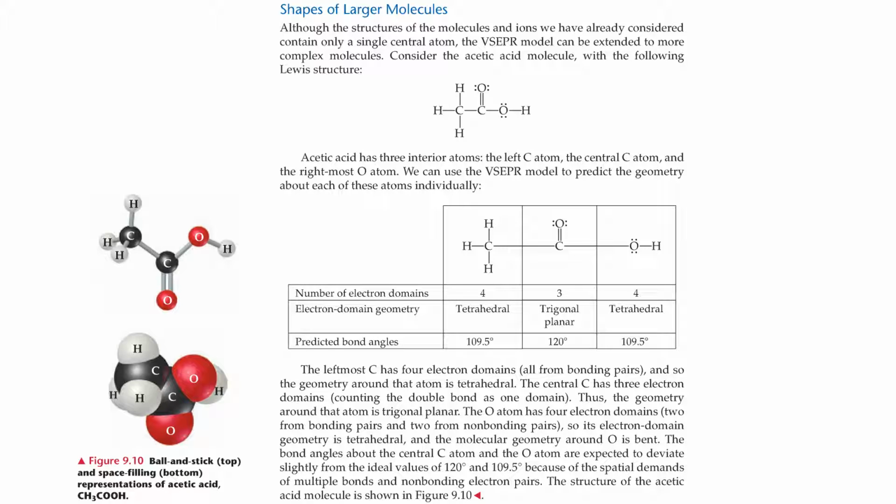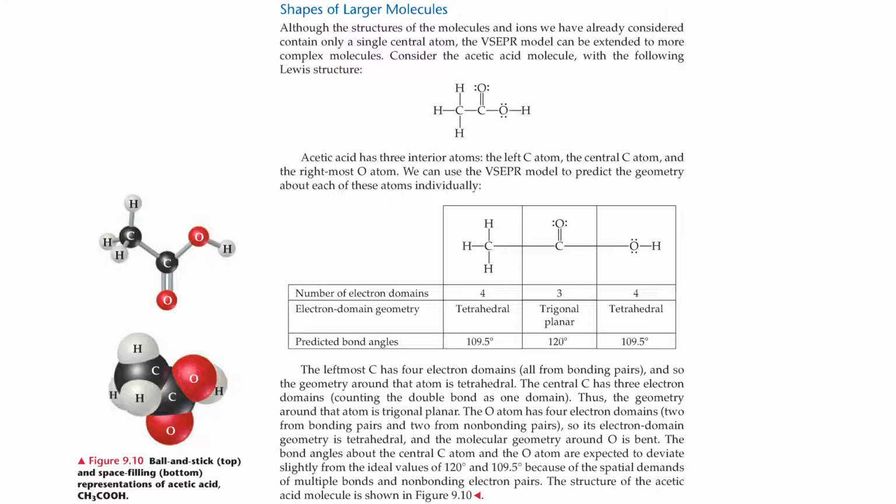The leftmost carbon has 4 electron domains, all from bonding pairs, and so the geometry around that atom is tetrahedral. The central carbon has 3 electron domains, counting the double bond as one domain. Thus, the geometry around that atom is trigonal planar. The oxygen has 4 electron domains, 2 from bonding pairs and 2 from non-bonding pairs, so its electron domain geometry is tetrahedral, and the molecular geometry around the oxygen is bent.